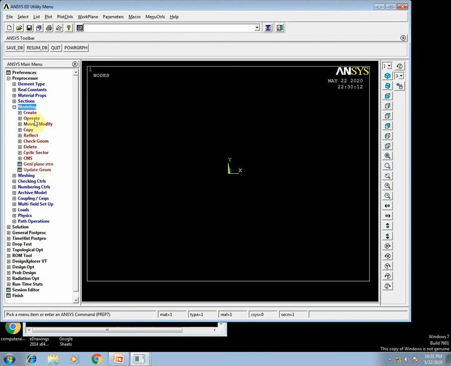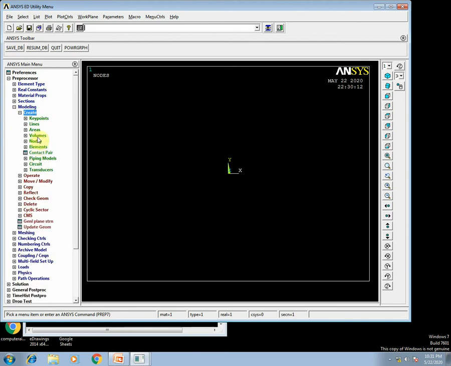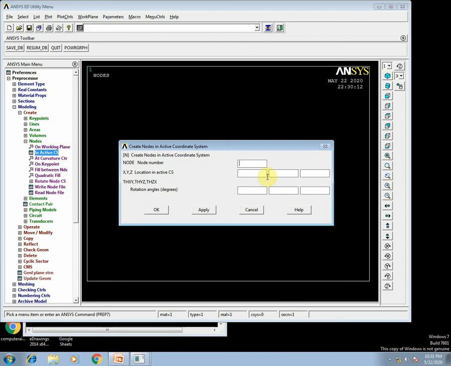Modeling, create nodes, in active coordinate system. Node 1 is at x 0, y 0, z 0; it's the first node. The second node is at C: it's 4 meters along the y axis.